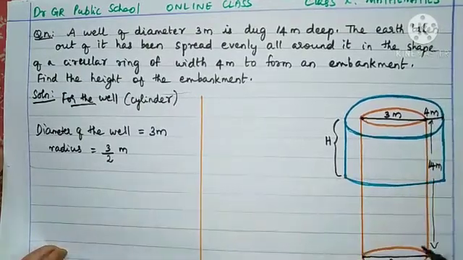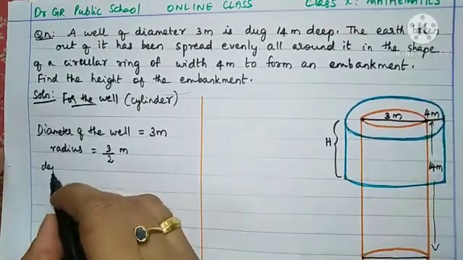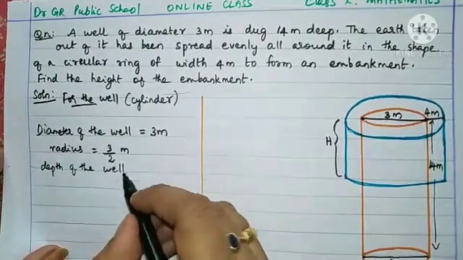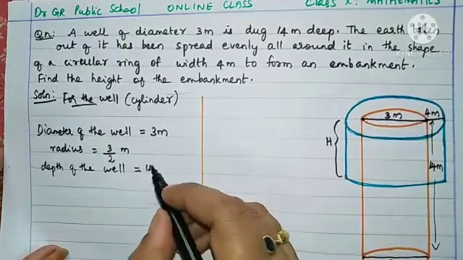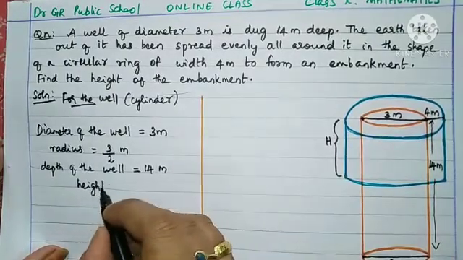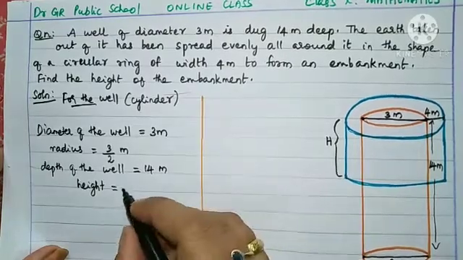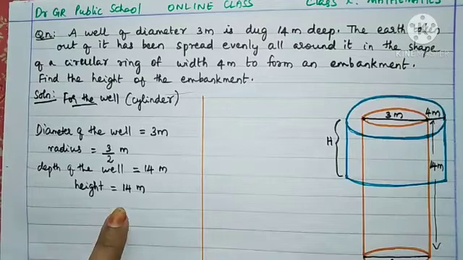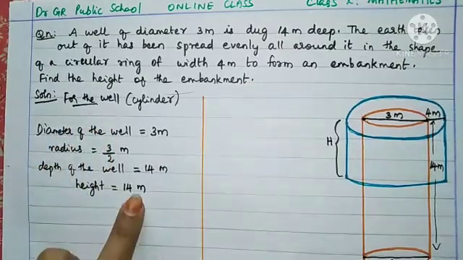The depth of the well is given. So depth of the well is equal to 14 meters. That is equal to the height of the cylinder. So height equals 14 meters. So this much are the dimensions of the well given.